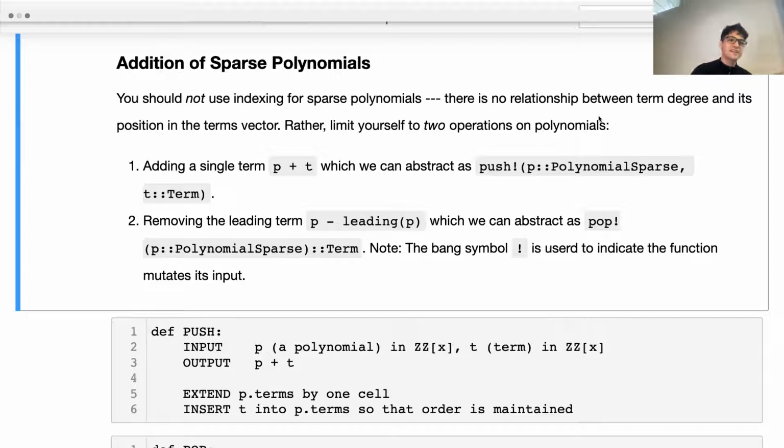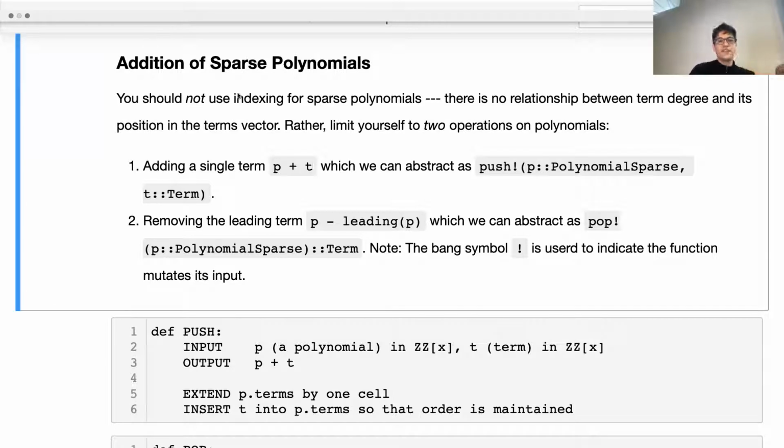Now, if we want to add a single term to a polynomial, this would be done with the push abstraction, right? So as long as you have some type of push function that, given a polynomial and a term, will put that term in the polynomial, that's half of what we need.